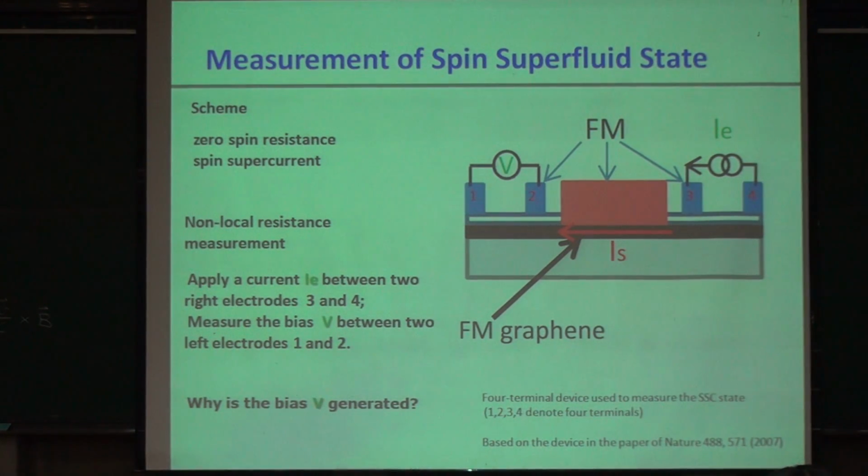At the beginning I told you about one way of detecting spin current, the so-called spin Hall effect. If you have a spin-orbit system and you apply an electric current in one direction, in the direction perpendicular to the current there will be a spin current, and you can detect it.